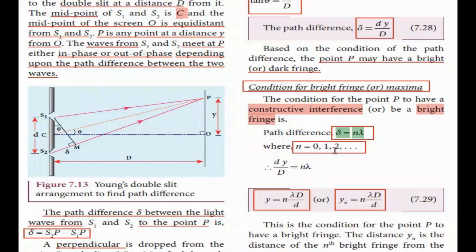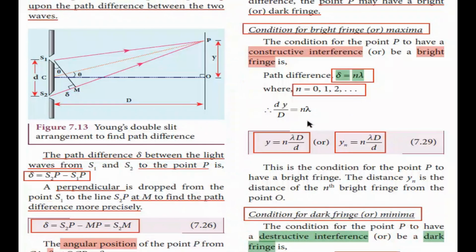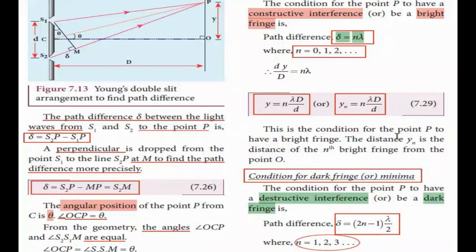So n can have values 0, 1, 2. That means dy by D will be equal to n lambda, or y is given by n lambda D by d. For the nth bright fringe, yn can be written as n lambda D by d. So that's the condition for the point P to appear bright. The distance yn is the distance of the nth bright fringe from the point O.